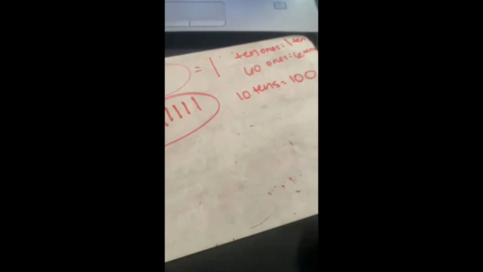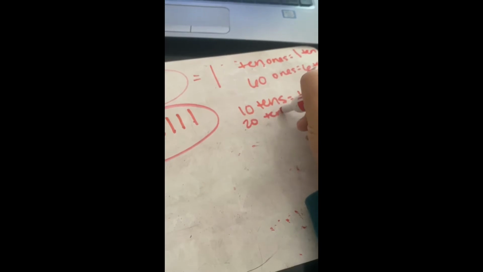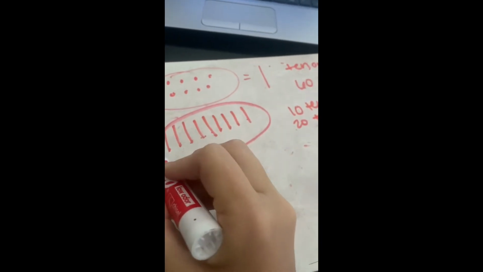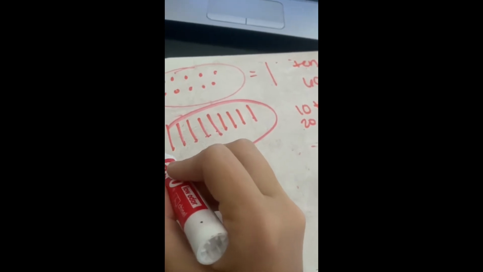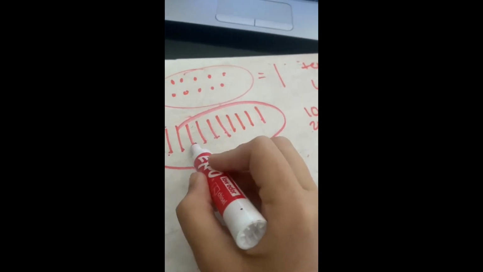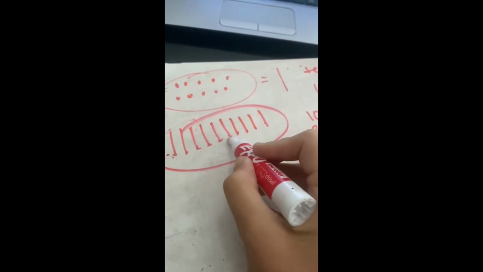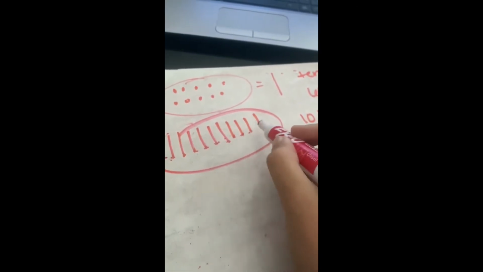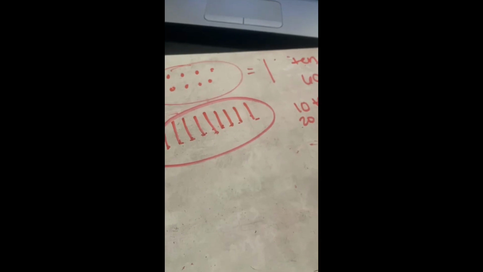10 10s equals 100. If I need 70 10s, what if I did 20 10s? So I just put another set of 10. Here was 10. That was 100. 110, 120, 130, 140, 150, 160, 170, 180, 190, 200.